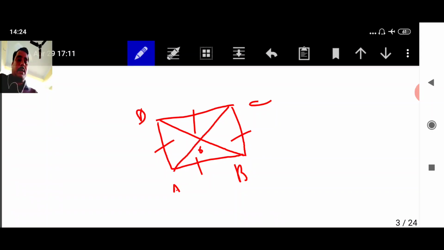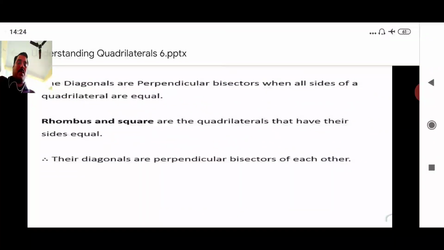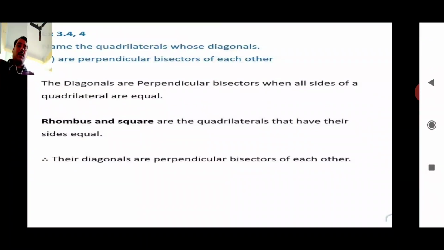You can say that the diagonals perpendicularly bisect each other, because if in a quadrilateral all sides are equal, the diagonals perpendicularly bisect each other. So the quadrilaterals whose diagonals perpendicularly bisect each other are rhombus and square.